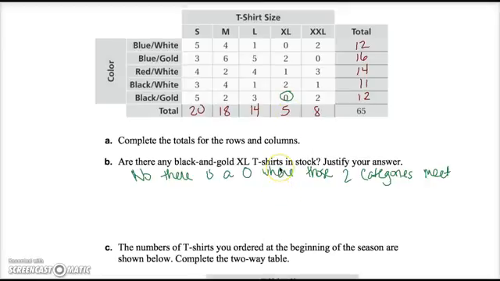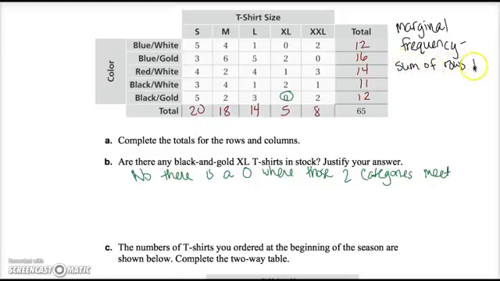Now, a couple of definitions that I want you to add in here. First one I want you to add in is what's called a marginal frequency. You may be asked to find the marginal frequency of the table, and all that is the sum of the rows and columns. That's exactly what we just figured out. So those numbers and these numbers along the bottom, those are all called marginal frequencies.